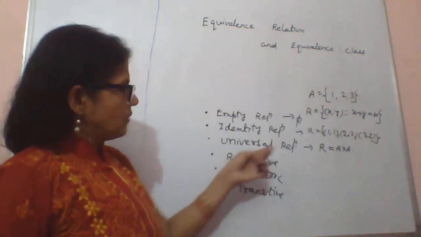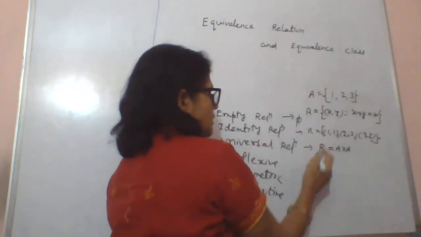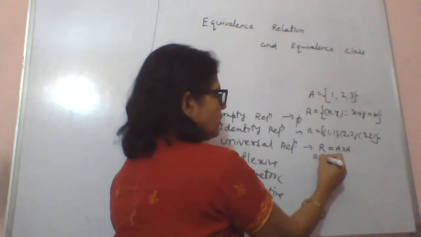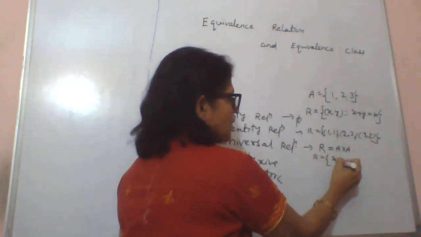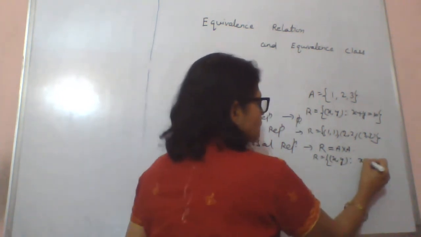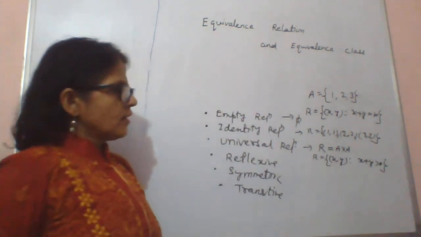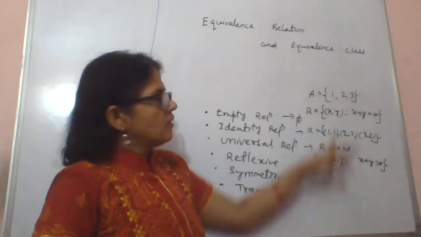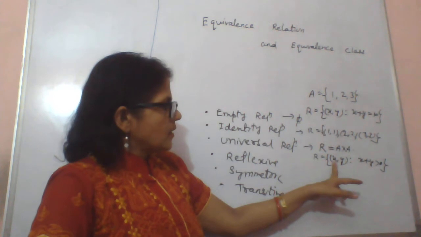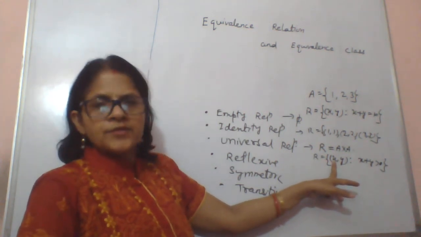For example, if I take A as {1, 2, 3}, and R is a relation on set A such that R is {(x, y) such that x plus y is greater than 0}, then for any ordered pair in A cross A, the sum of the first and second components is always greater than 0, right?